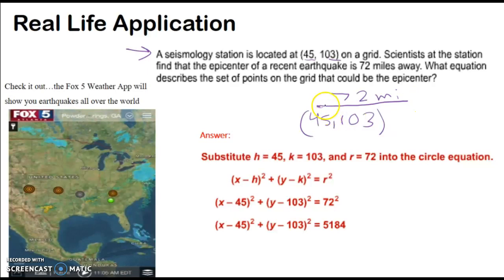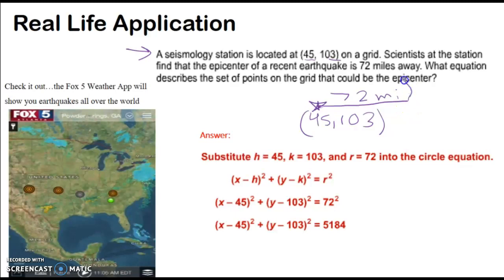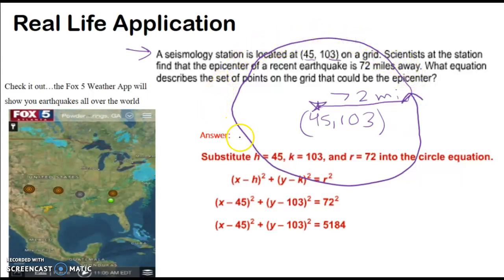from that particular station. Remember that's the definition of a circle, the set of points equidistant from a given point. So there is a certain circle that would represent all the possible locations of that earthquake. All you have to do is substitute 45 and 103 for your center, the h and k, and the radius of 72 into our circle equation.